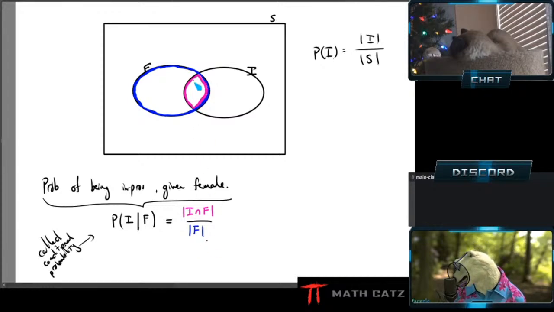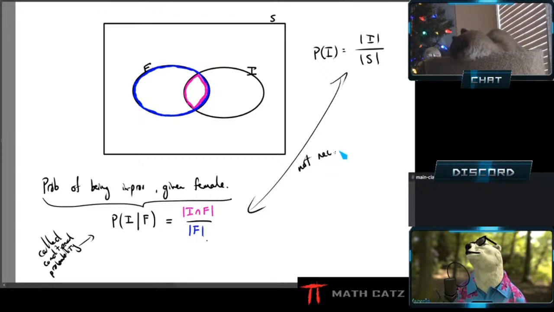because the proportion of in-province females to females isn't the same as in-province people to all people. It's not necessarily the same. It could be in some rare cases, sure, but most of the time it won't be the same.